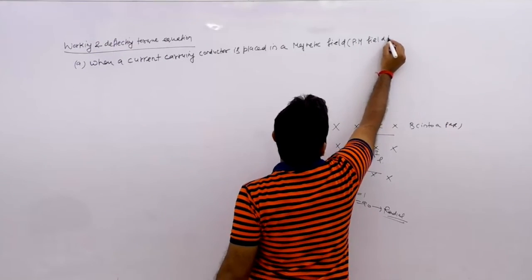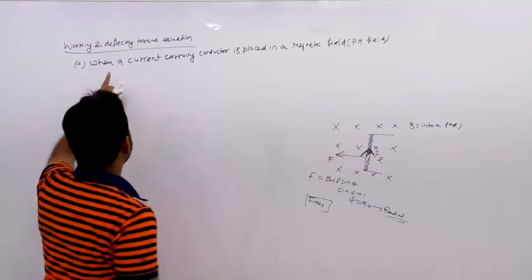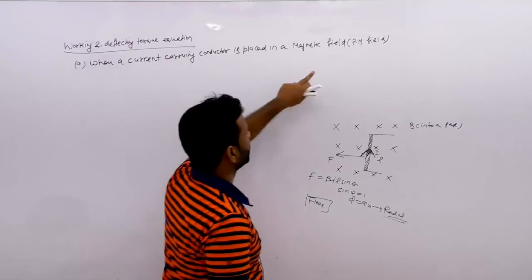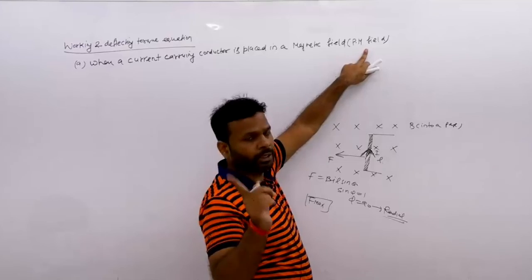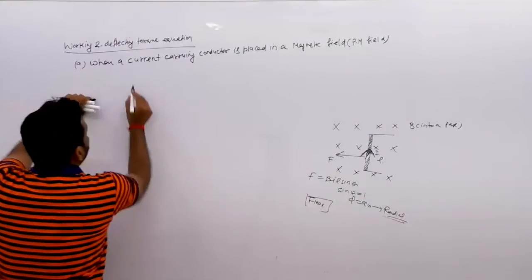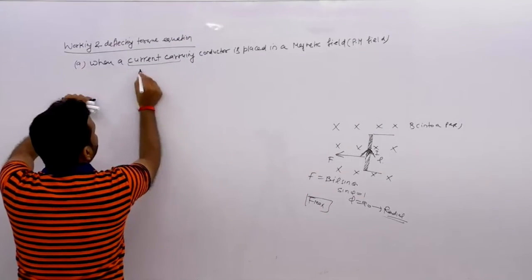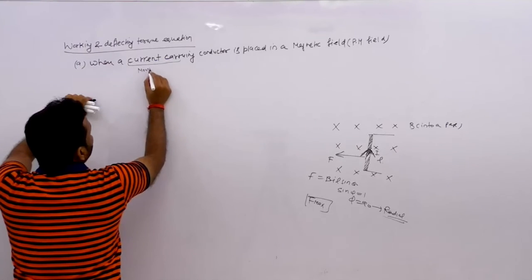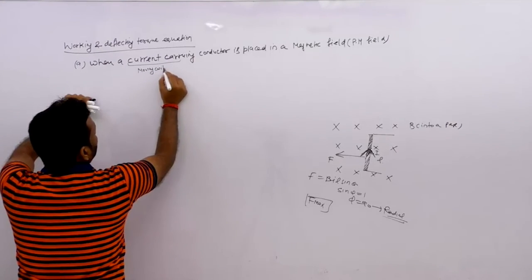In case of our PMMC instrument, when a current carrying conductor is placed in a magnetic field, in which magnetic field? The permanent magnetic field, and the current carrying conductor is the moving coil current.